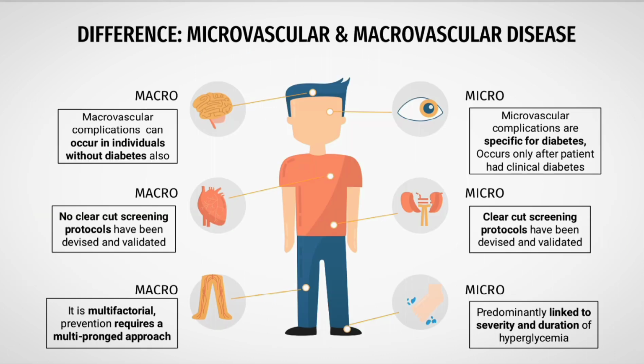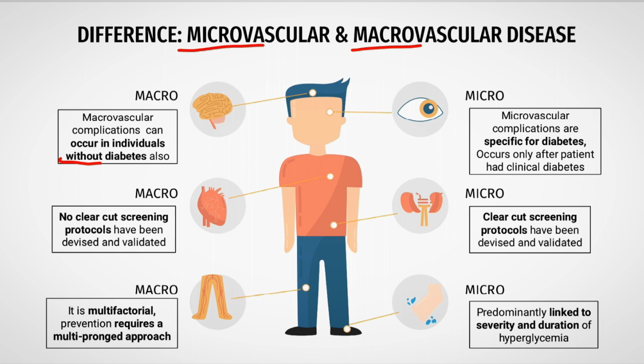Now let's see the differences between microvascular complications of diabetes and macrovascular complications of diabetes. The macrovascular complications can occur in individuals without diabetes also. There is no compulsion that an individual with diabetes will develop macrovascular diseases.